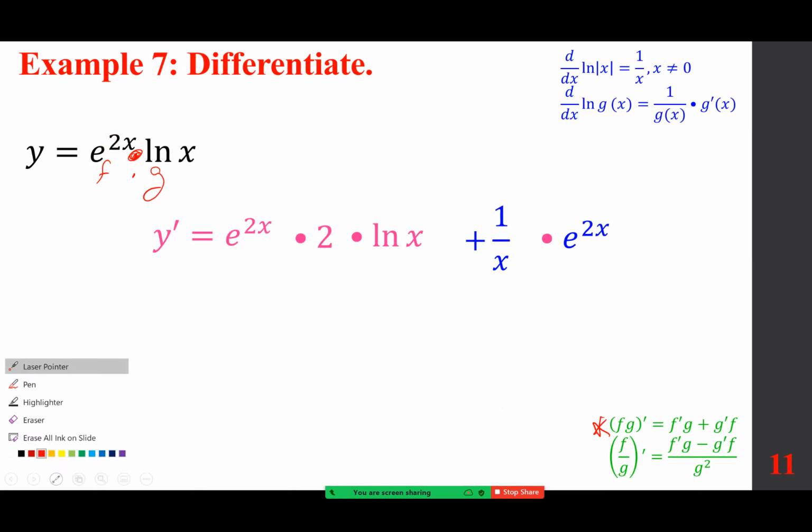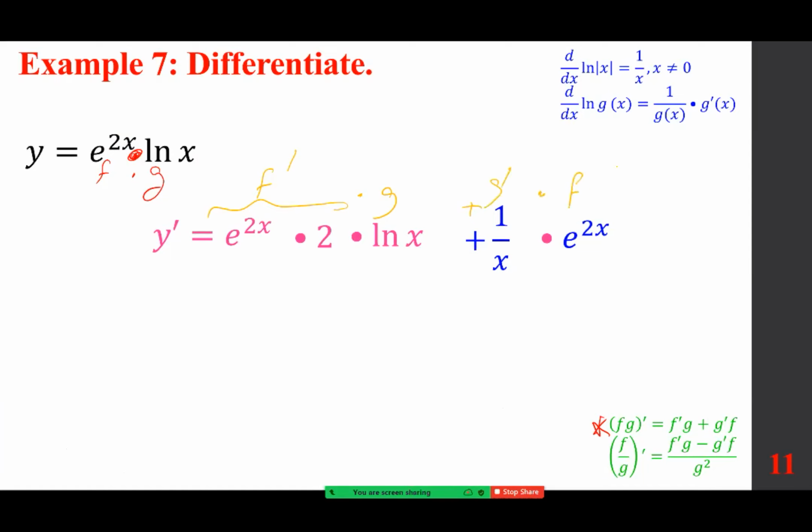Notice this is f prime g, this is g prime f. And we can factor the e to the power of 2x out as a common factor. So if we take this out, this gives us 2 ln x, this gives us plus 1 over x, and that's the final answer.